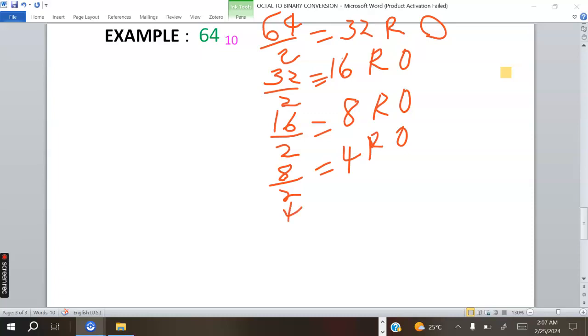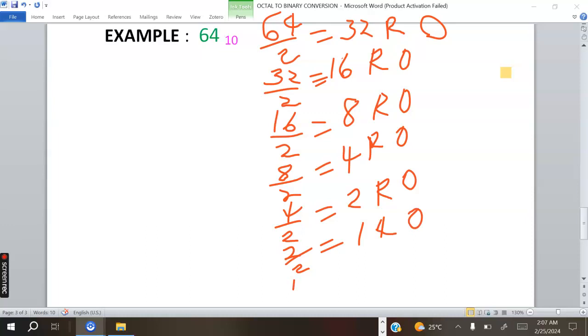Then the 4 divided by 2, you get 2 remainder 0. Then we have the 2 divided by 2, you get 1 remainder 0.